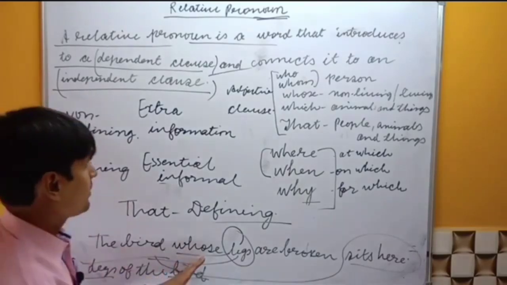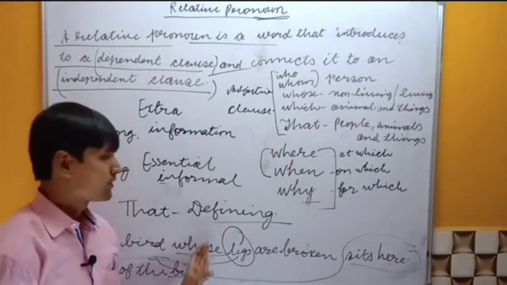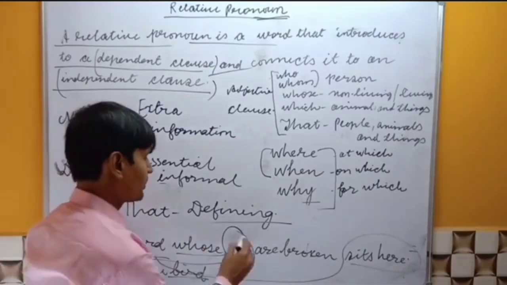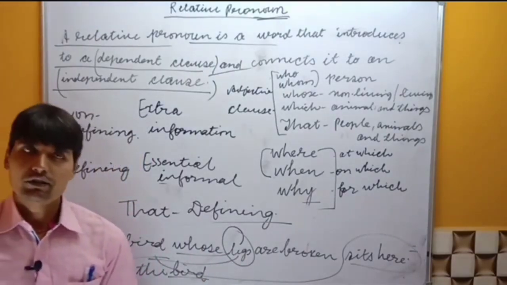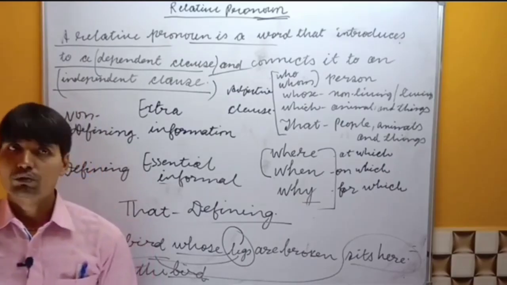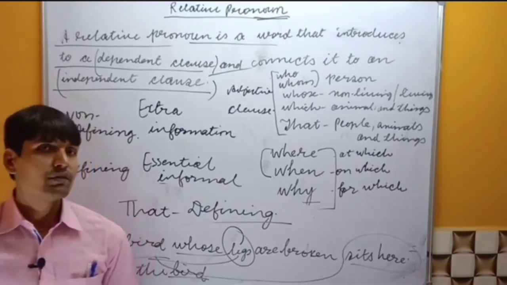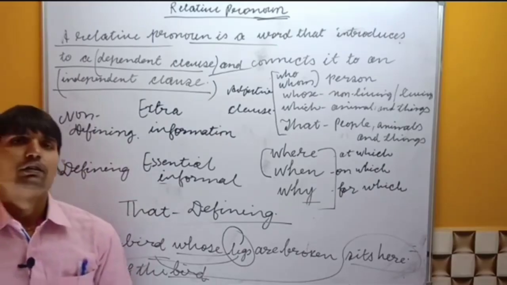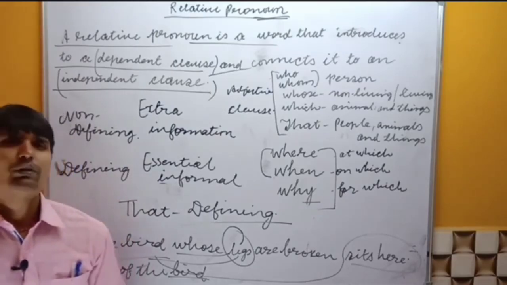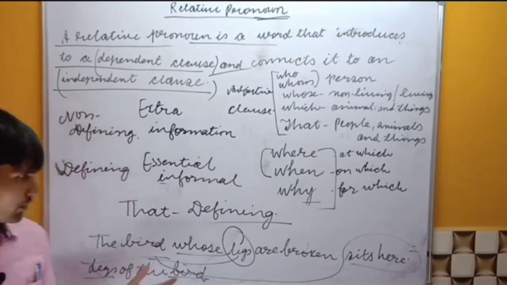So after this relative word you have to use the noun together. Whose legs, whose contribution, whose area, whose stamina, whose thinking. You can use any other of them likewise, okay.